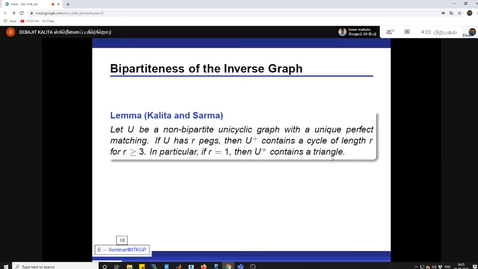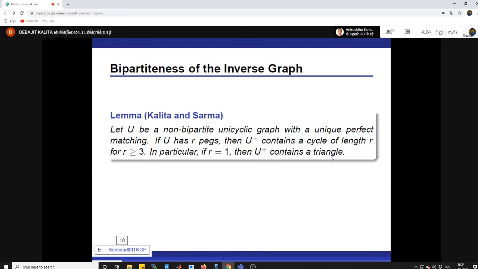And in particular, if R is equal to 1, that means if U has only one peg, then U plus contains a triangle. It can be seen easily that in a non-bipartite unicyclic graph with unique perfect matching, you can have only an odd number of pegs; you cannot have an even number of pegs. That means whatever the case, if you have one peg, then you always have a triangle.